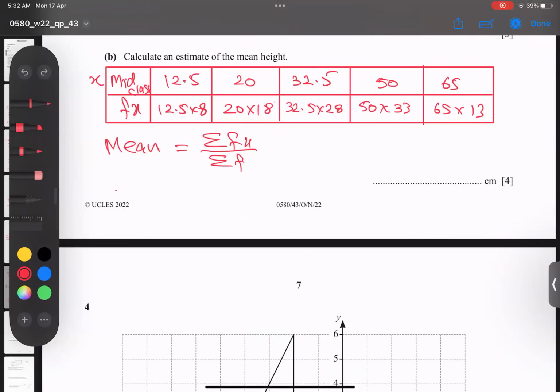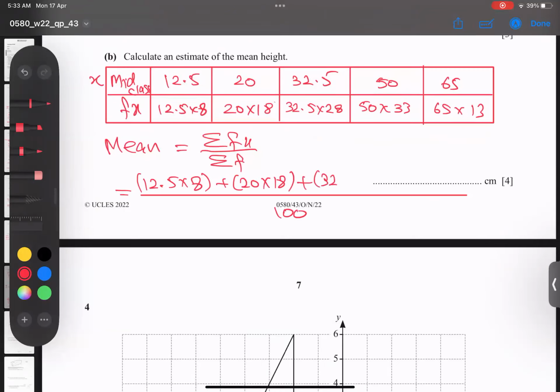The down part is 100 for sure. So 12.5 into 8 plus 20 times 18 plus 32.5 times 28 plus 50 times 33 plus 65 times 13.